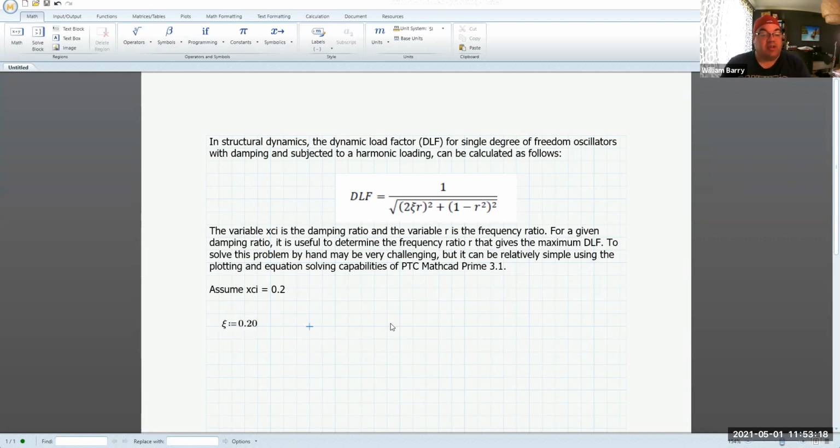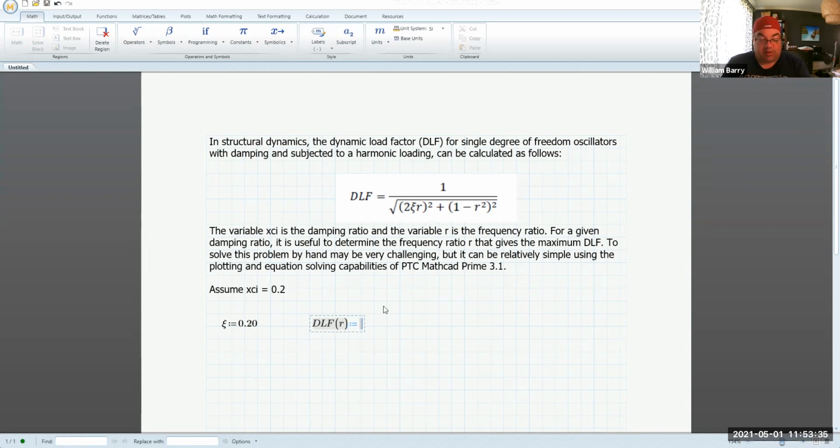And then really, that's going to just leave us with needing to define a function for the DLF, and that's going to be a function of the frequency ratio r.